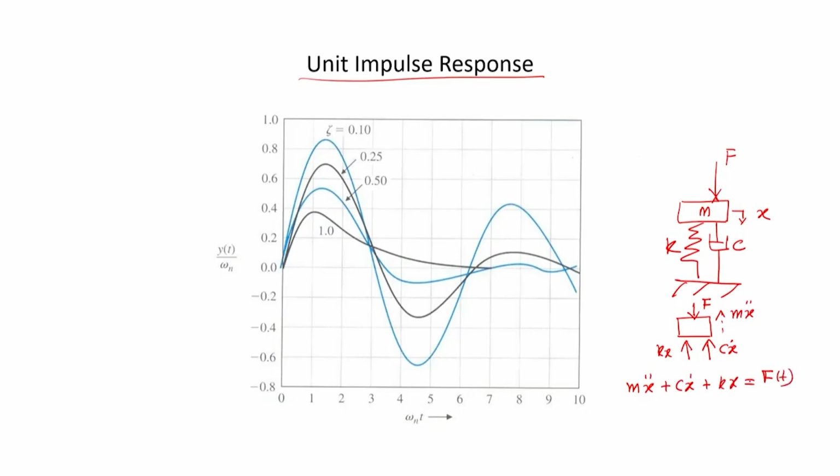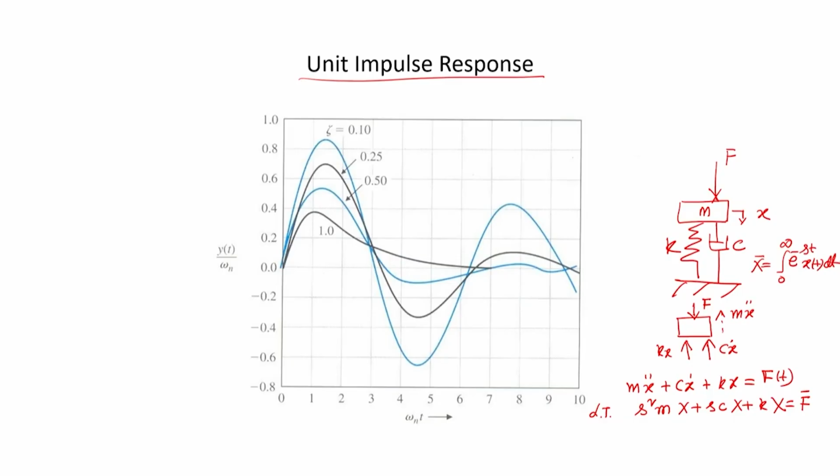Now, let us say I carry out the Laplace transformation. Then this becomes s square m X plus s c X plus k X. The capital X I am giving intentionally to say that this is a variable coming out of the Laplace transformation of the system. In other words, x bar is simply the integration from 0 to infinity of e to the power minus st x(t) dt.